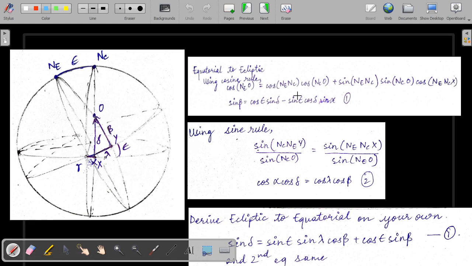Right, and then you just do the simplifications and you get this relation: sine of beta is equal to cosine of epsilon sine of delta minus sine of epsilon cosine of delta sine of alpha.